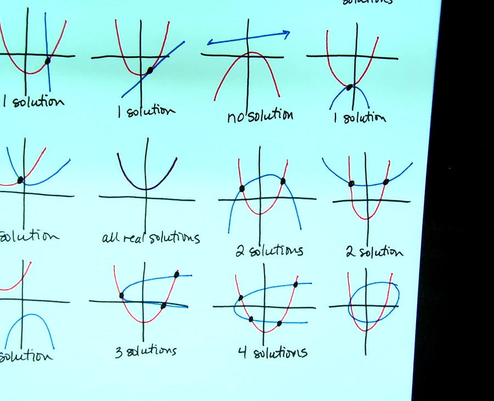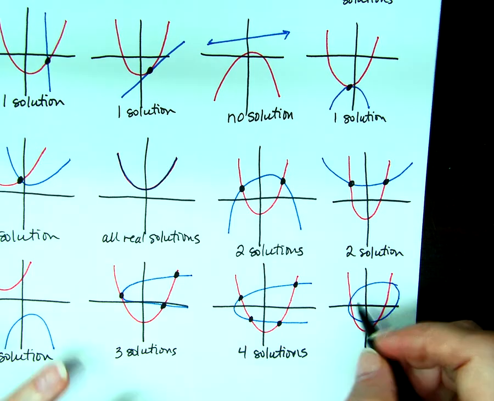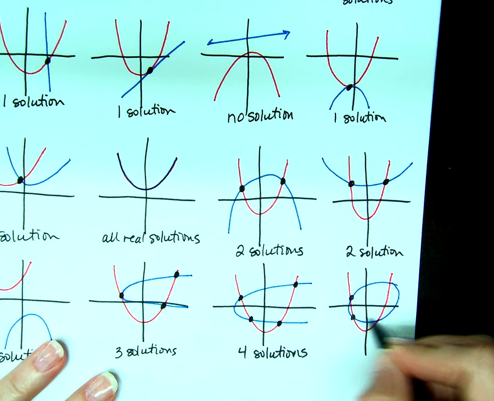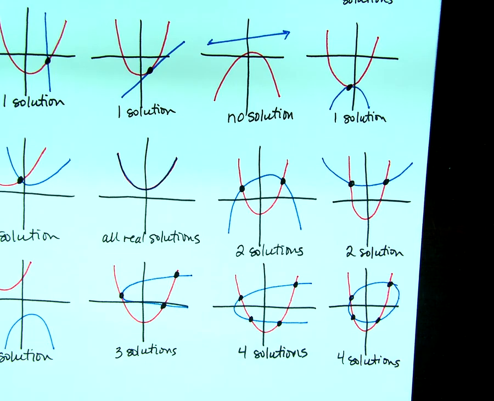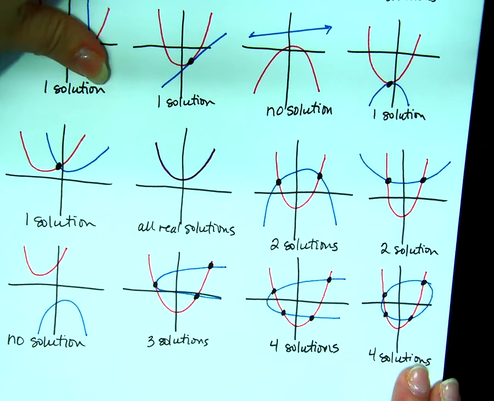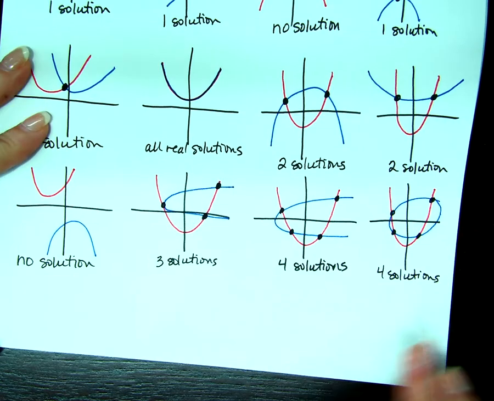I didn't ever say it had to be a parabola, right? What if it's a circle? That's not a great circle, right? Don't judge my circles, rude. So what if there is a circle involved? Are 4 solutions possible?